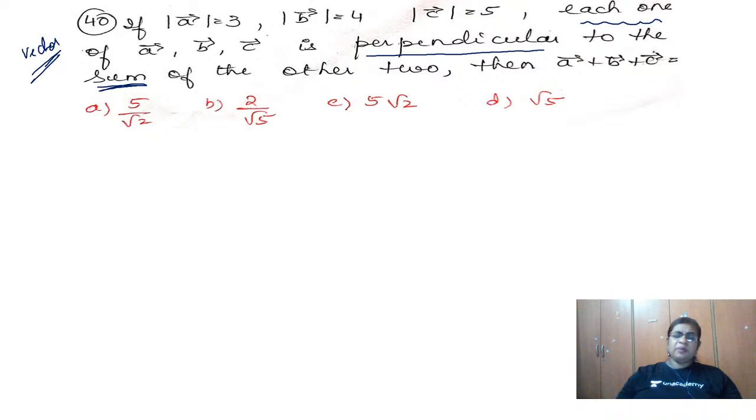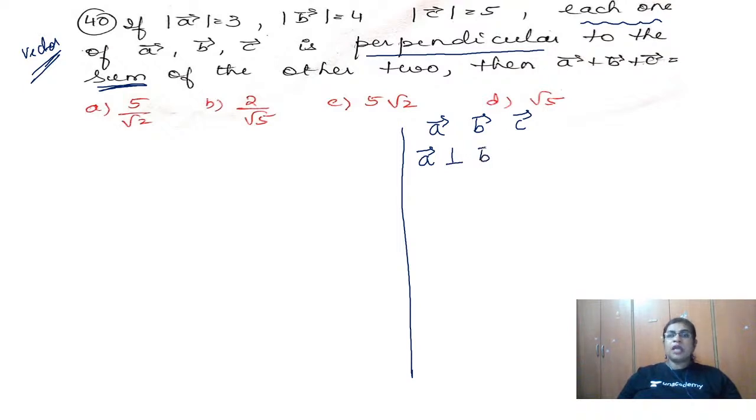Now first let me explain to you what that statement meant. Let me work it out here for you. Now you have 3 vectors, A, B and C. Each one, now you take A. So A is perpendicular to the sum of the other two. Who is the sum of the other two?